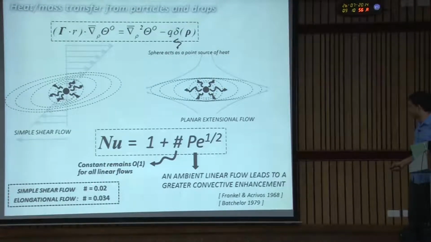So for simple shear flow, it's around 0.02. For elongational flow, it's slightly larger. So the idea is that an ambient linear flow leads to a greater convective enhancement as compared to translation for the same Peclet number, just because the square root of Peclet is much larger than Peclet.